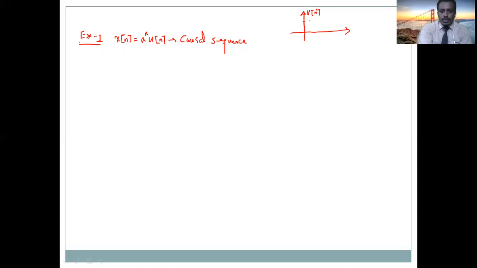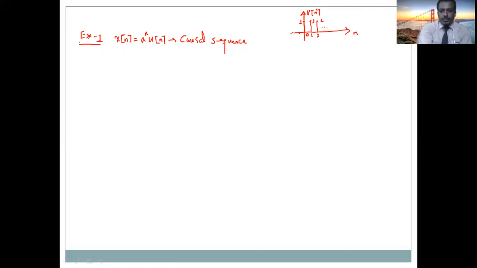So all sample values for n greater than and equal to 0, and it continues to positive infinity, all sample values are 1. Right? You know this unit step as a function of time.